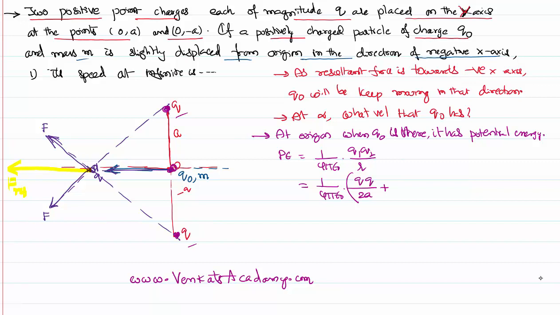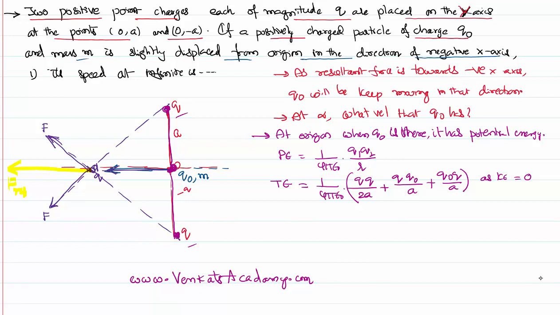Both are separated by this a and this a together, 2a. Between q and q0 there is a distance a. Between this q and q0 also there is a distance a. That's the total energy of the system, not only potential energy, as there is no kinetic energy at this point.